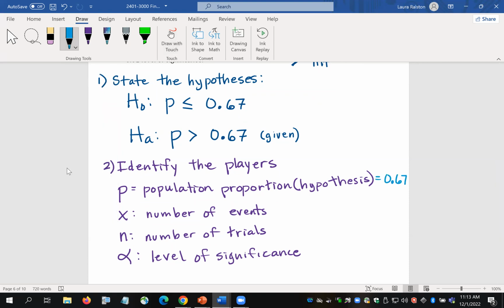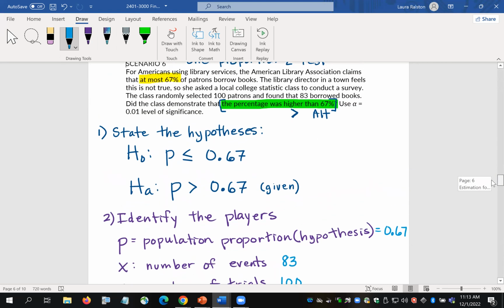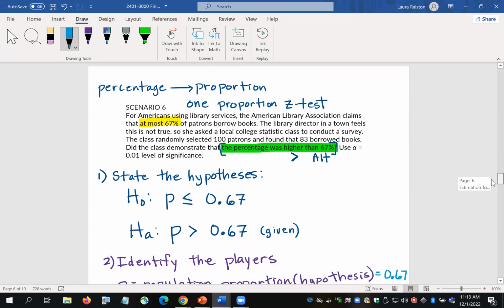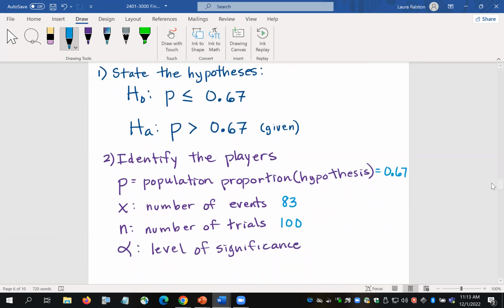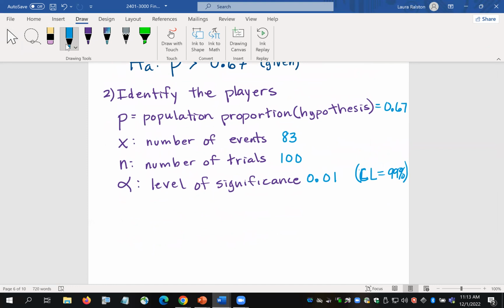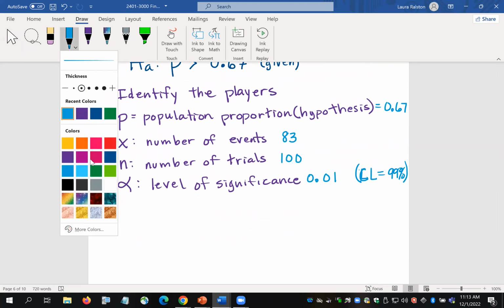It said the class surveyed 100 patrons and 83 of them, I believe, let me double check myself. 83 borrowed books, and it tells us to use a 0.01 level of significance, which means our confidence level would be 99%.